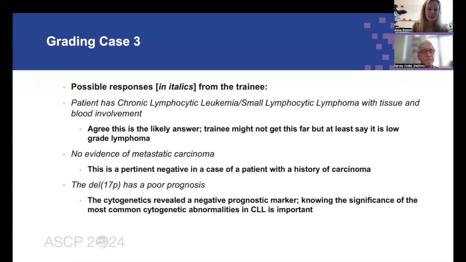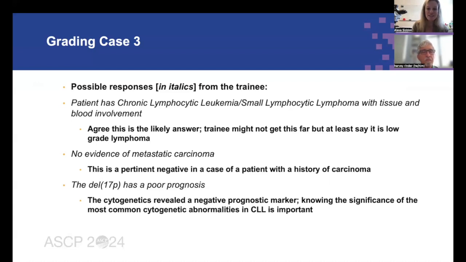This was a small subtlety, but the axillary lymphadenopathy in our patient was on the other side of the patient from the breast cancer. And then cytogenetics, this is sort of a senior level question, that CLLs have different prognostic markers associated with their cytogenetics. And some patients might have a P53 mutation in addition to having the deletion 17p by karyotype or FISH.